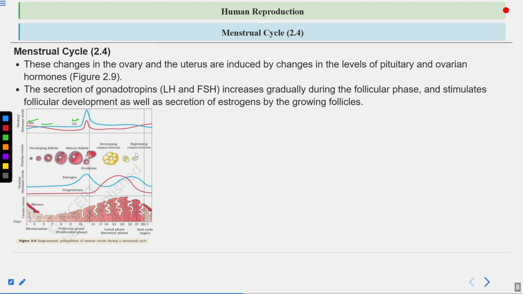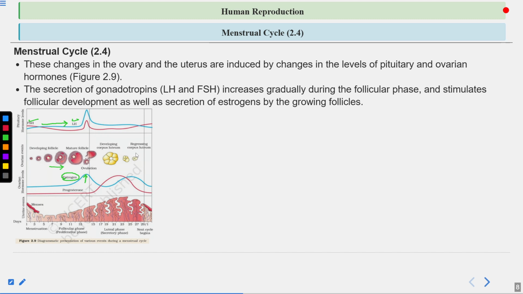Their level slowly increases during the follicular phase, which leads to the development of the follicles. These follicles secrete this estrogen. Clear? And you can see there is a maximum estrogen level just before ovulation, because estrogen is being secreted by the developing follicles.